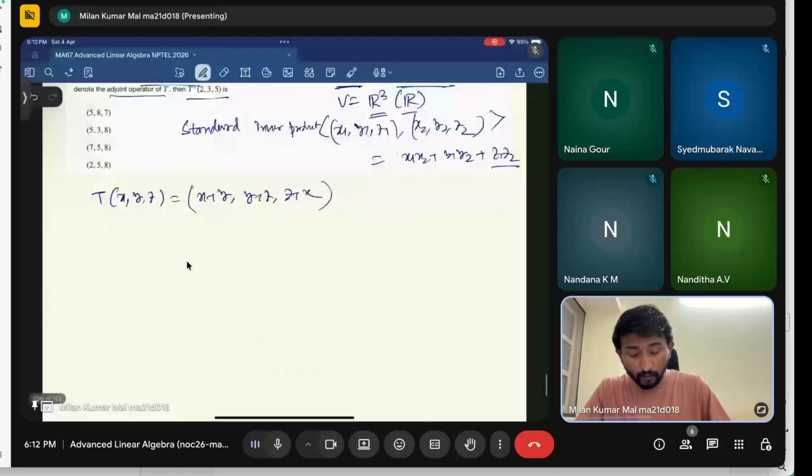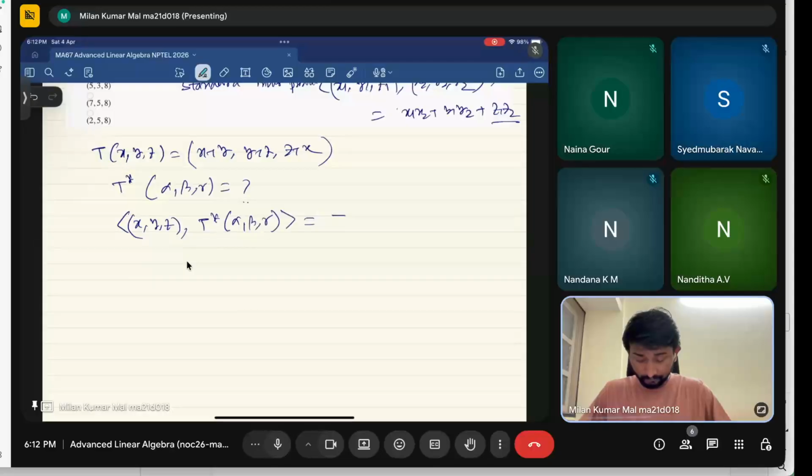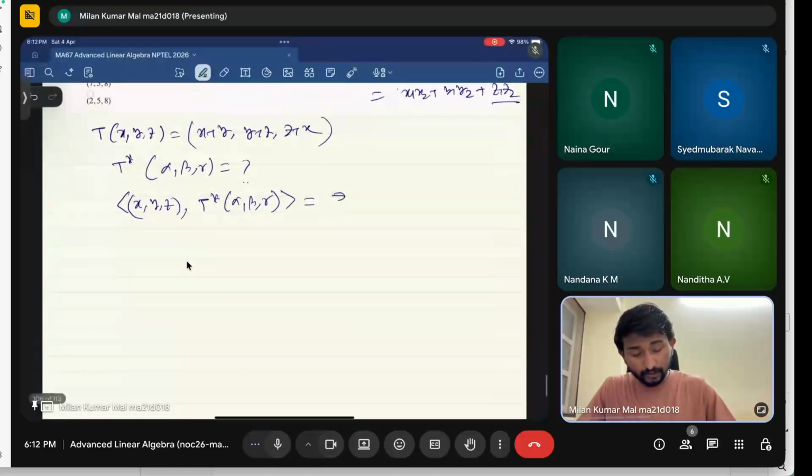Now by the defining rule, the inner product of x, y, z with T star of alpha, beta, gamma has to equal the inner product of T of x, y, z with alpha, beta, gamma.